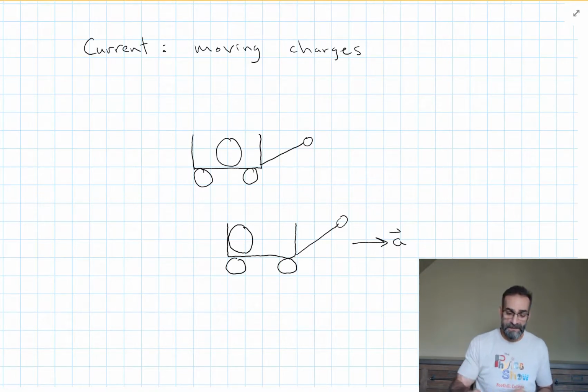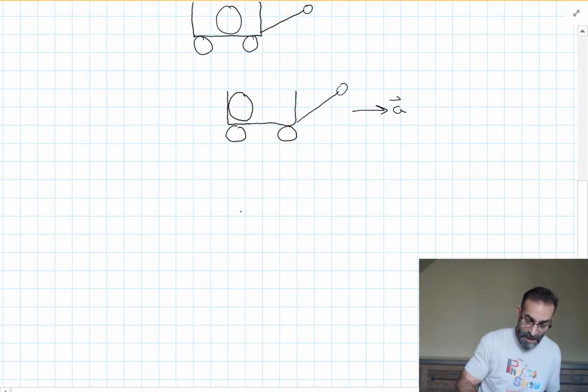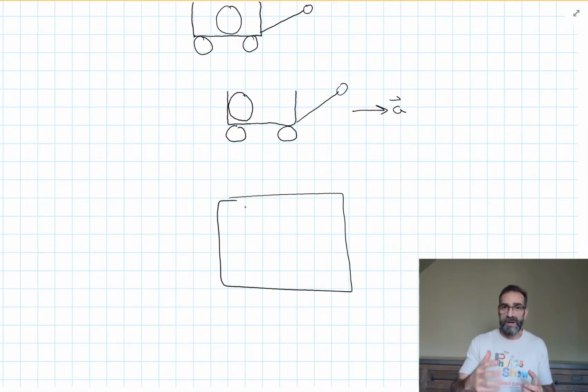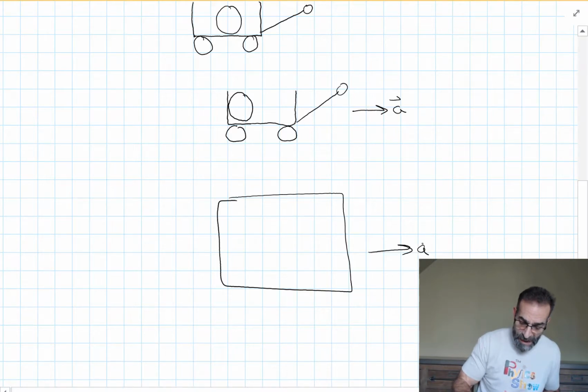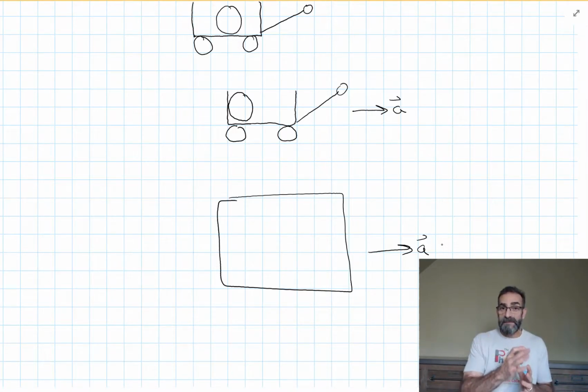They have inertia. So if we take a piece of metal, a conductor, and there's some particles with mass and inertia in this metal that are free to move around like a ball sitting in the back of a wagon, and we accelerate our conductor, then whatever is free to move around will lag behind and end up built up at the back of the metal conductor, just like the ball ended up at the back of the wagon.